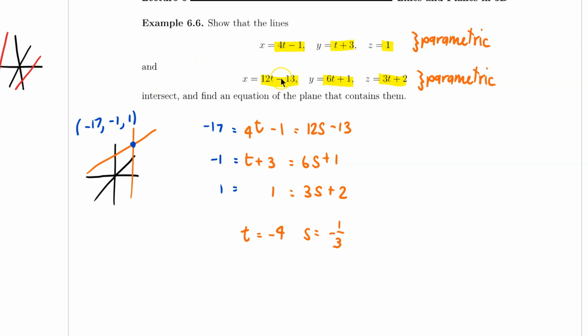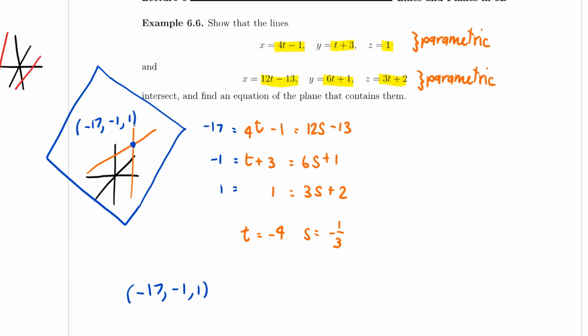But now I need to find an equation of the plane that contains these two lines. Well, there are many ways we can do this. Let me talk about the first way. I'm going to use the vector-valued parametric equation form first, and that is because I know that my plane is going through this point, negative 17, negative 1, and 1.